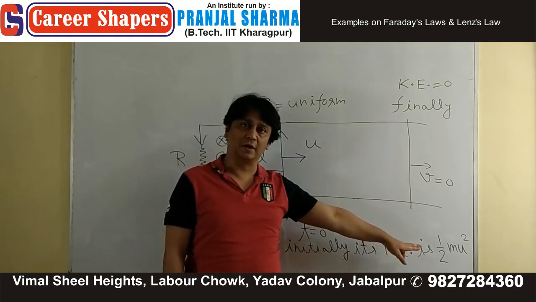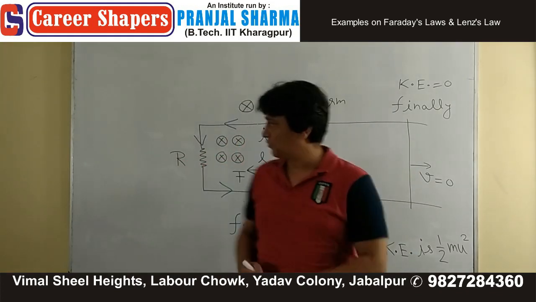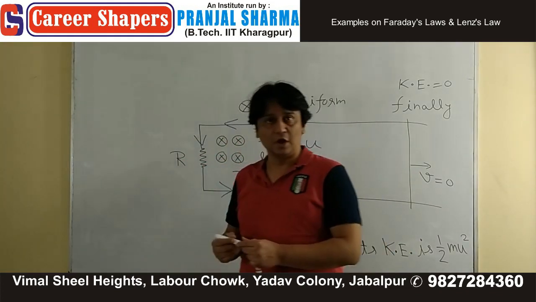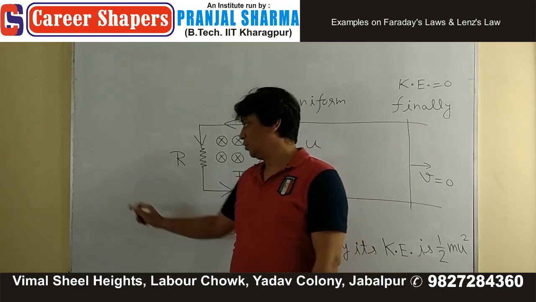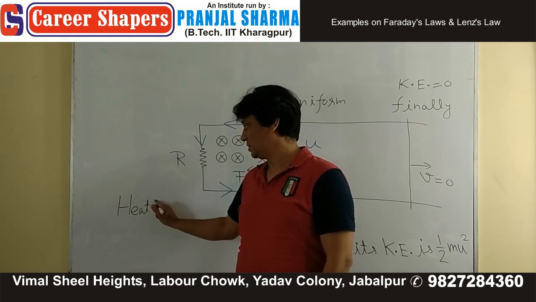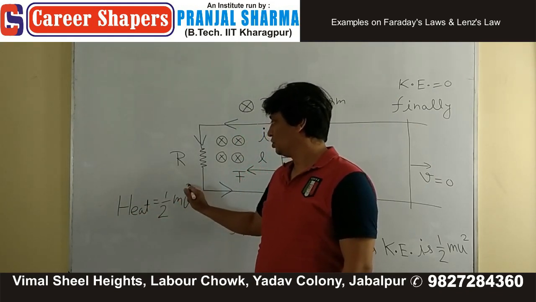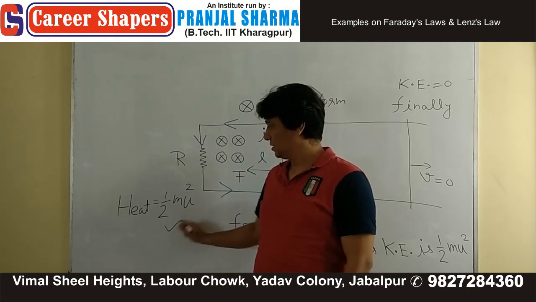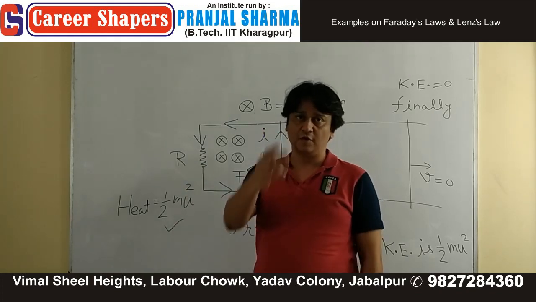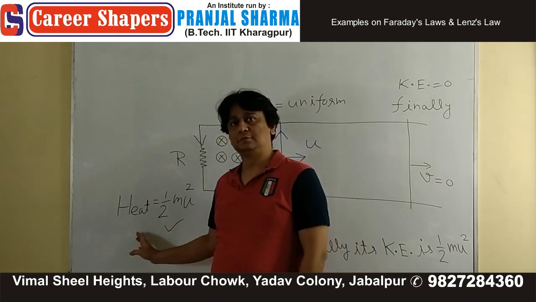Half mu square. Ultimately you don't have any kinetic energy, and therefore this loss in kinetic energy will appear as what? Heat, which is half mu square. In just 2 seconds, you can write half mu square. This is the answer.